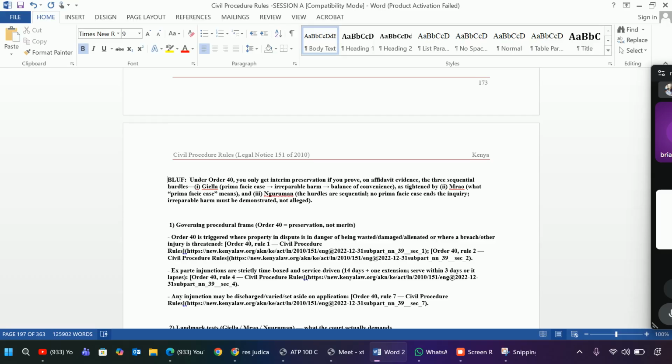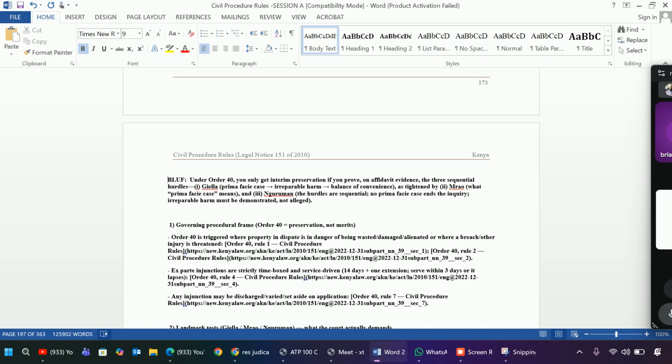No prima facie case ends the inquiry. Irreparable harm must be demonstrated and not alleged. So the panel can ask you, do you clearly identify the reason why the three decisions are landmarks? Mrao emphasized what prima facie case means.